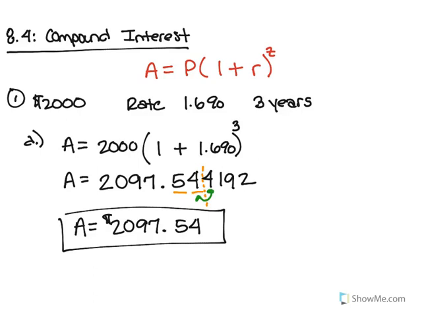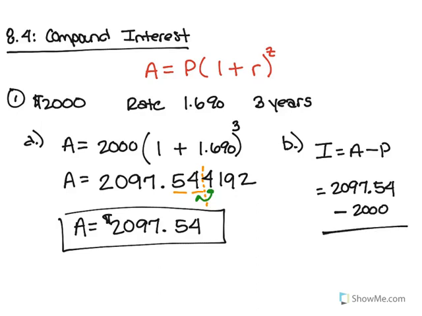Now, all B is asking you for is the interest. It says find the interest. How much interest did it accumulate? How do you find that? Just subtract. Good. You just gonna subtract A minus P, which is 2,097.54 minus what, the 2,000?